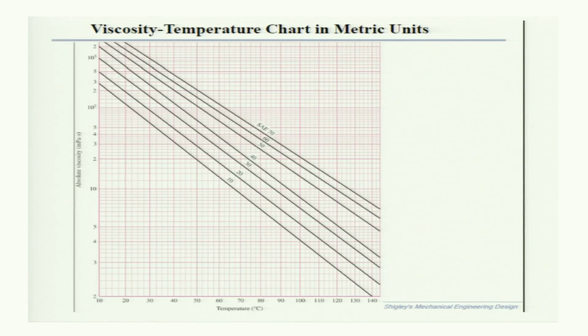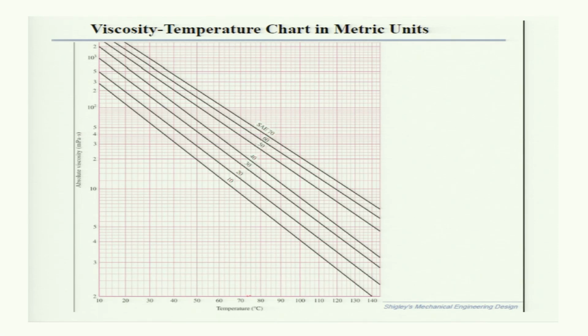This is the viscosity temperature chart. On the x-axis is the temperature, on the y-axis is the absolute viscosity in millipascal second, and the different curves correspond to different grades of lubricating oils: SAE 70, 60, 50, 40, 30, 20, 10.